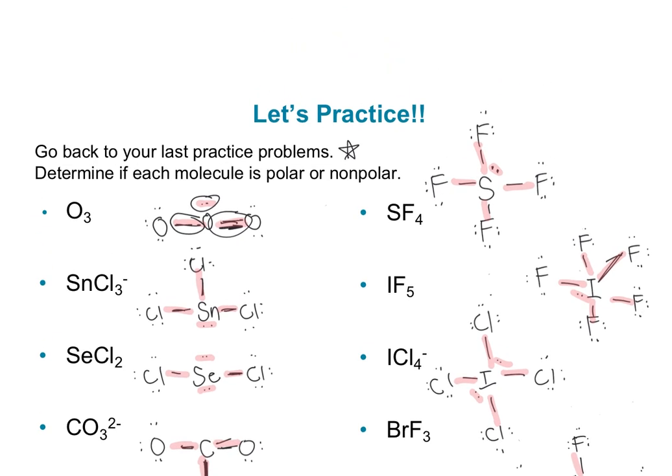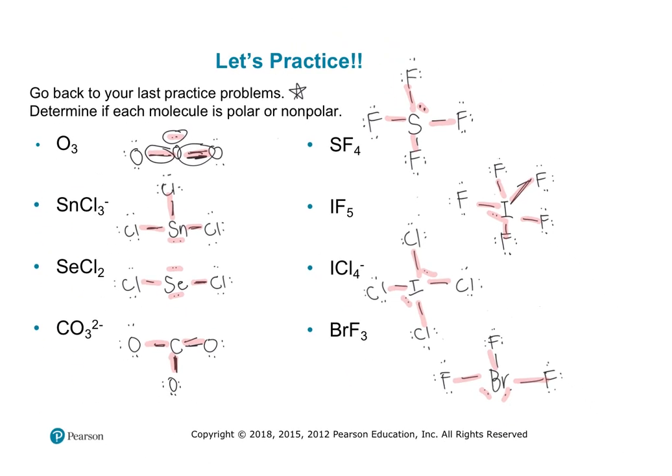Remember, the considerations are: it will be nonpolar if the terminal atoms are the same and there are no lone pairs on the central atom. If you can't check off both of those boxes, it's going to be polar.